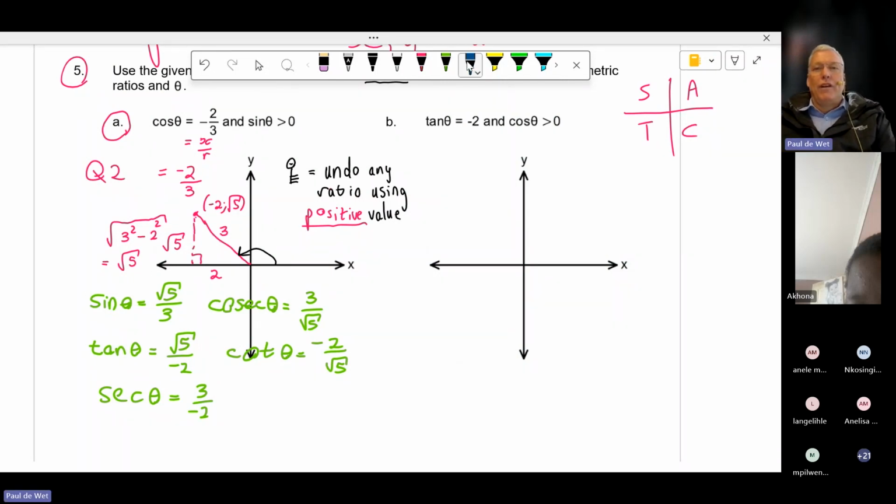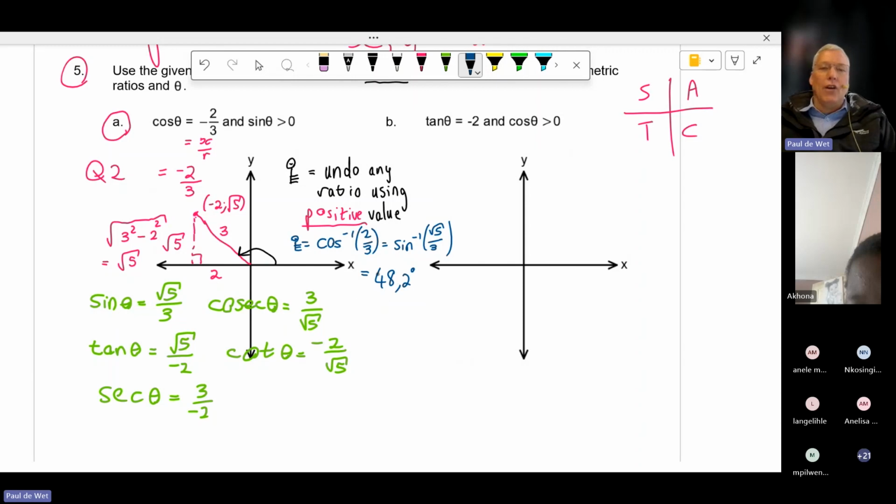So for example, I can undo cos of 2/3. I'm not putting the negative in. Or I can undo sine of root 5 over 3. And I get 48,2 degrees.